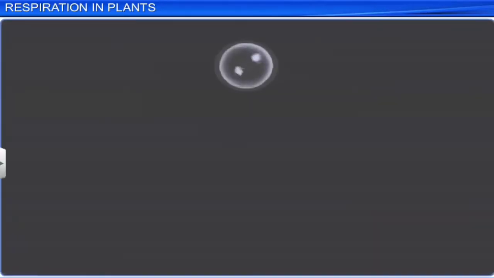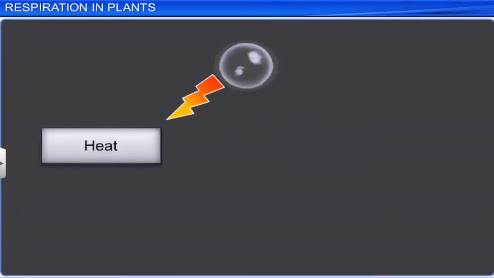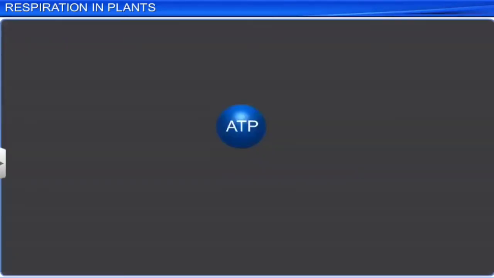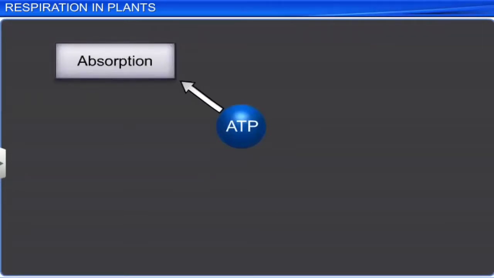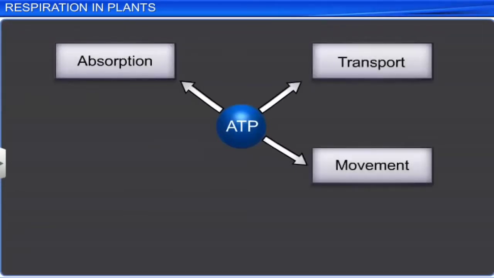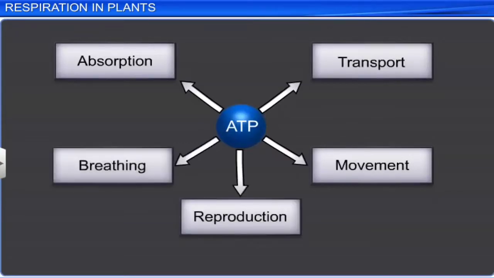While a small part of the energy is released as heat, most of it is used for synthesizing adenosine triphosphate or ATP, a high-energy molecule. ATP is utilized for carrying out all the activities such as absorption, transport, movement, reproduction, and breathing.